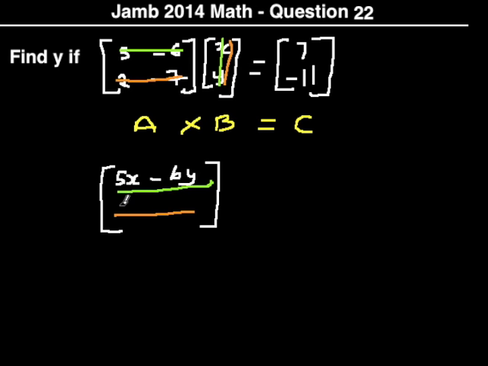The second value, we get 2x minus 7y. And we're being told that those values are equal to this matrix 7 and minus 11.